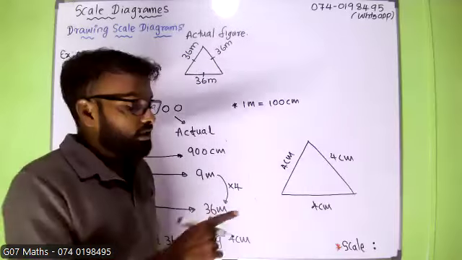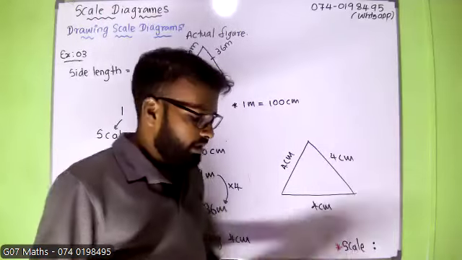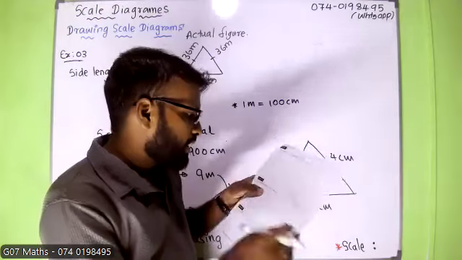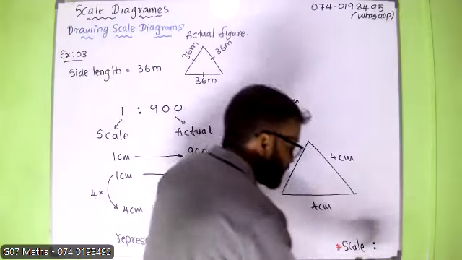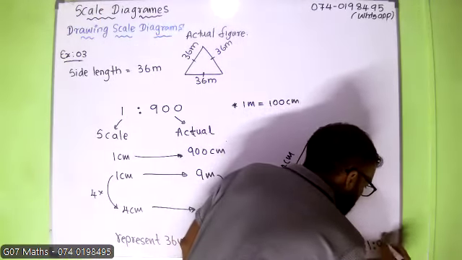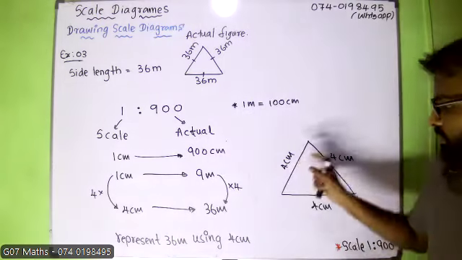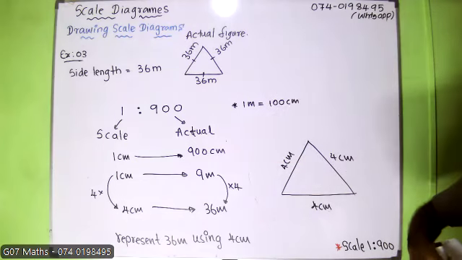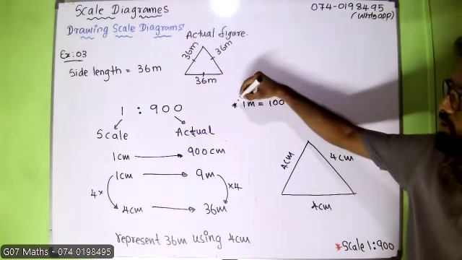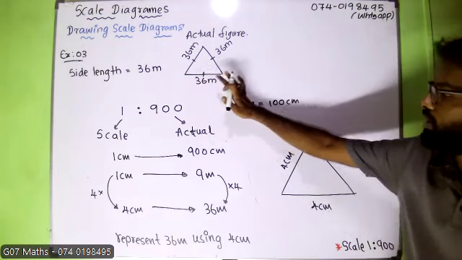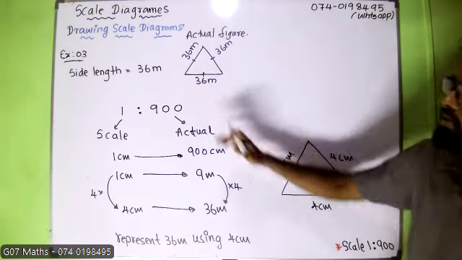And what is the scale that they have given in example number 3? 1 to 900. Please draw this one. This is for your knowledge. If you want, you can write, but no need.